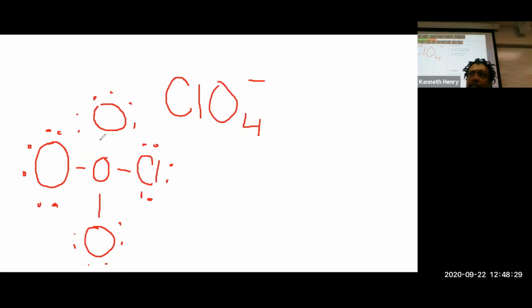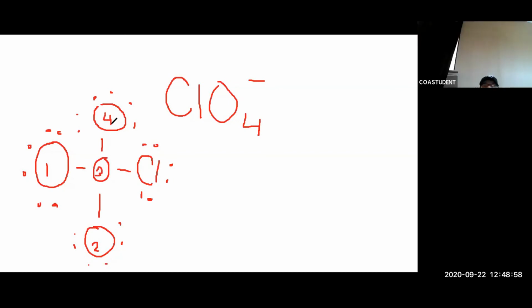So now we just need to count to make sure that everybody's octet is filled. So we got 2, 4, 6, 8 around this first oxygen. We have 2, 4, 6, 8 around our second oxygen, our third oxygen, and our fourth oxygen.